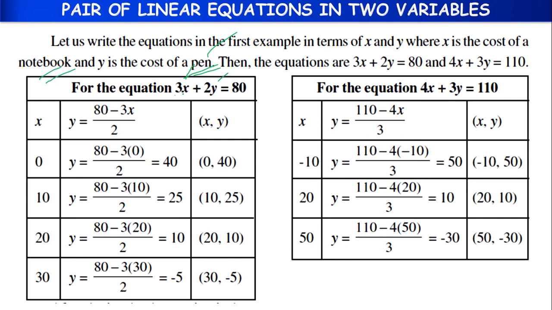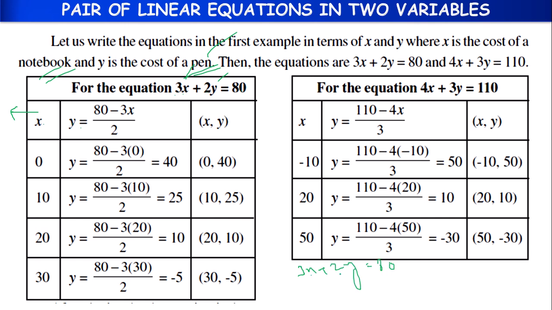So we have 3X plus 2Y equal to 80. We have to isolate the X and Y values. If we keep X separate, then Y in terms of X. So 3X plus 2Y equals 80.